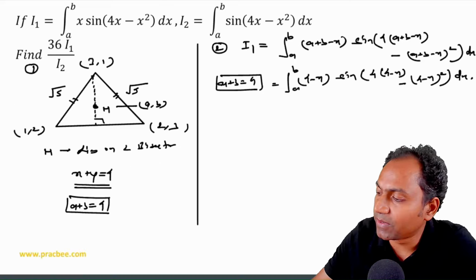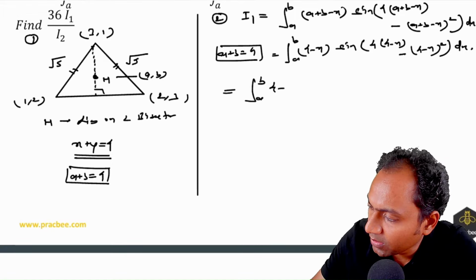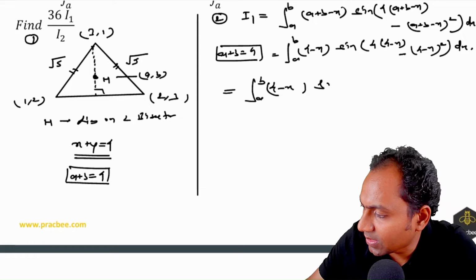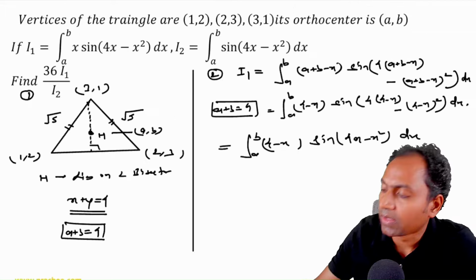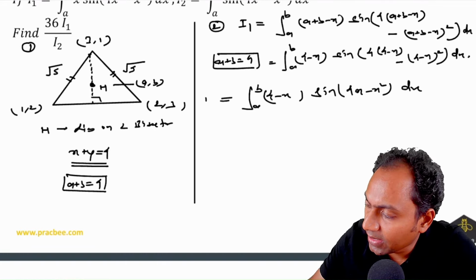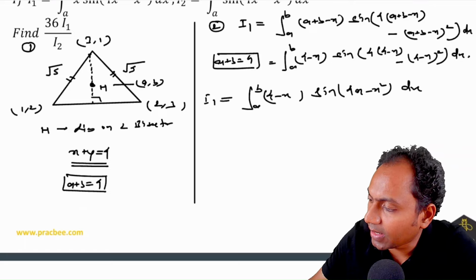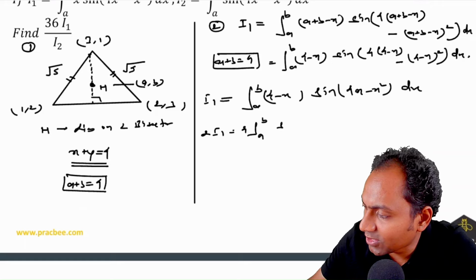And if we simplify the second part, from a to b, 4 minus x will again simplify to 4x. Once you do so, we can take this I1 from here and the above one, and if I add them, twice of I1, we can see that 4 will come out as common. The rest of the things will get cancelled out.